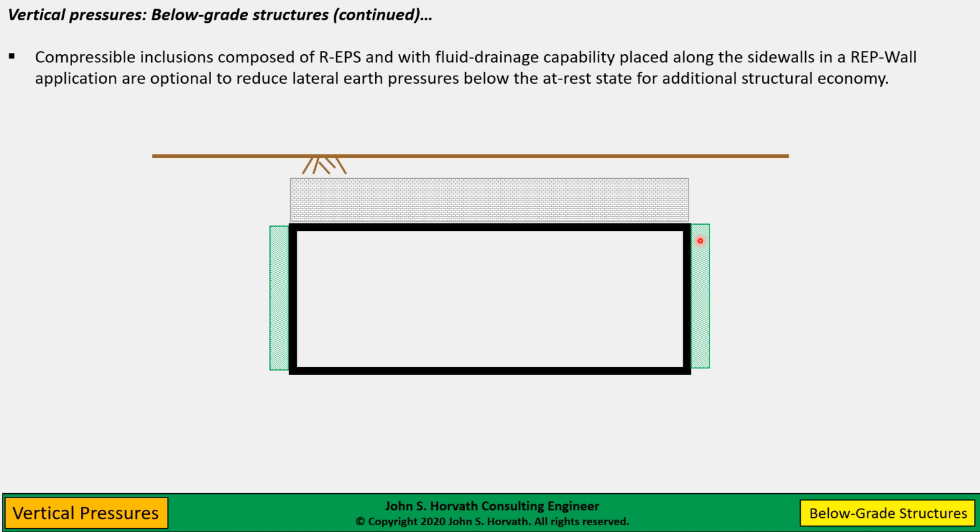But if you place a compressible inclusion here, as a minimum, you could reduce this to the active earth pressure state, as well as provide positive drainage along these side walls. I guess if you really wanted to go all out, you could put geosynthetic reinforcement here and have a GRS wall application. But certainly, as a minimum, a REP wall application is quite reasonable.